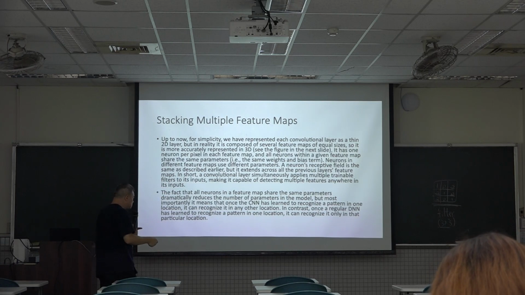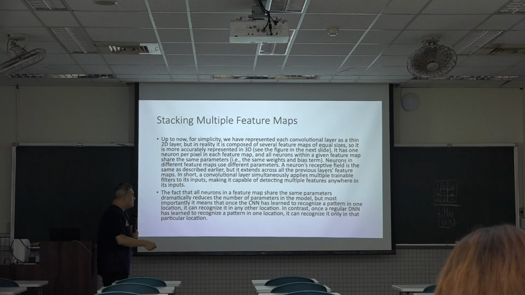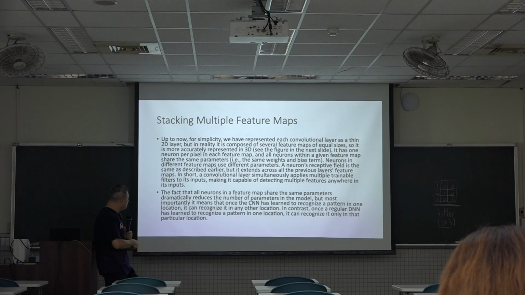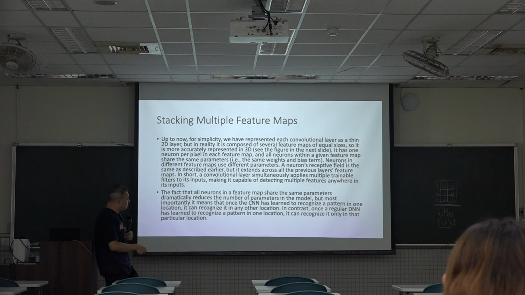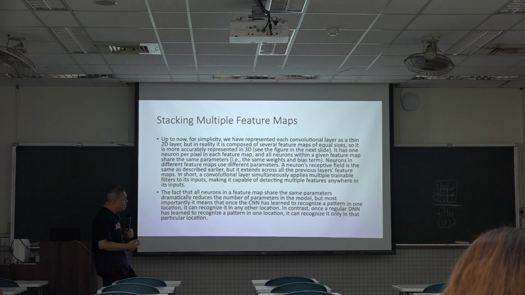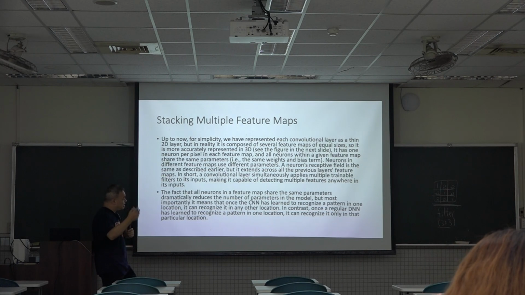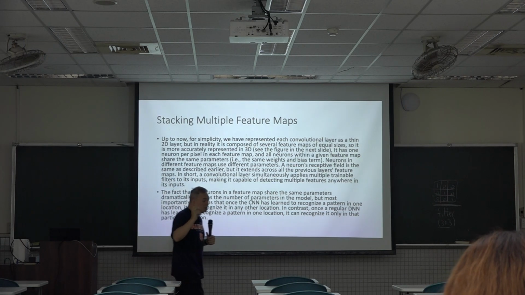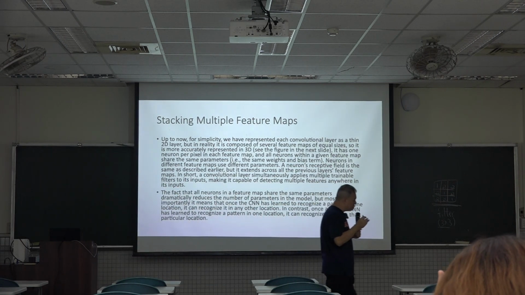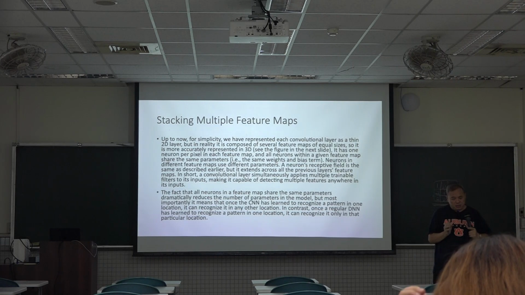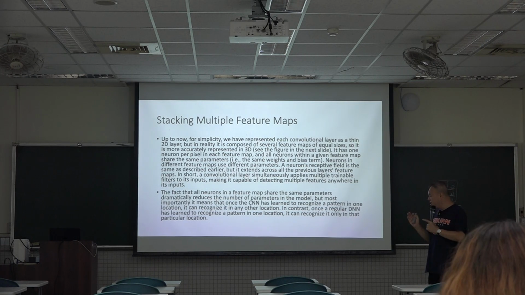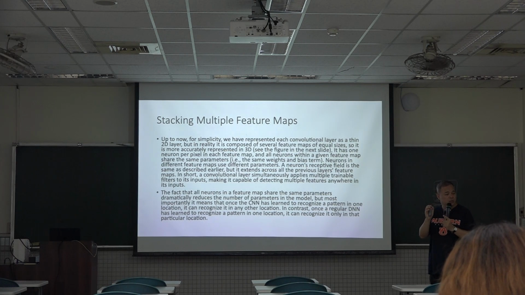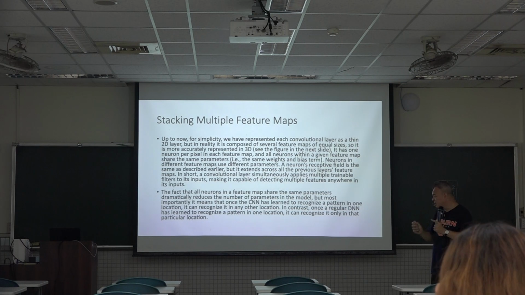In contrast, once a regular DNN has learned to recognize a pattern in one location, it can only recognize that pattern in that particular location. So a CNN is able to learn a pattern which is independent of the location, which is an important concept.